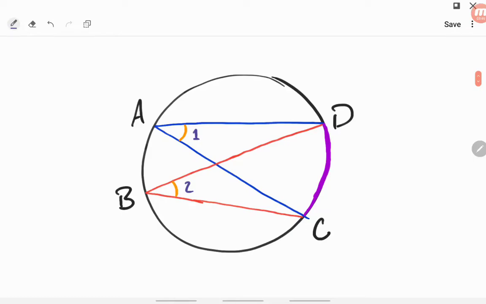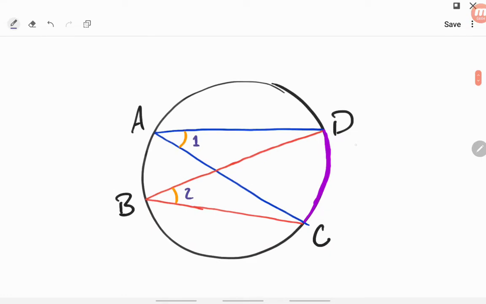So this is another theorem of ours, and it states if two inscribed angles, right, we've got two of them, 1 and 2, if they intercept the same arc, DC, then we can say that those angles are congruent, right? We can say that angle 1 is congruent to angle 2. Why?